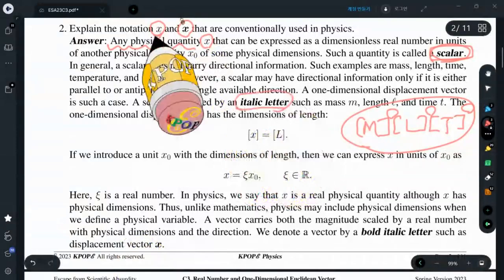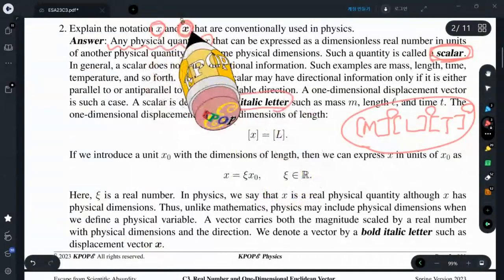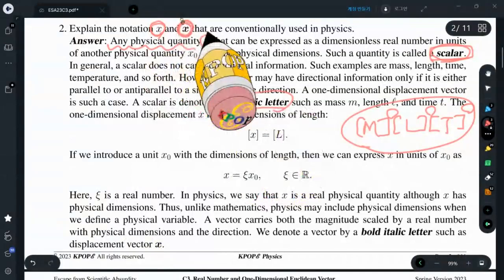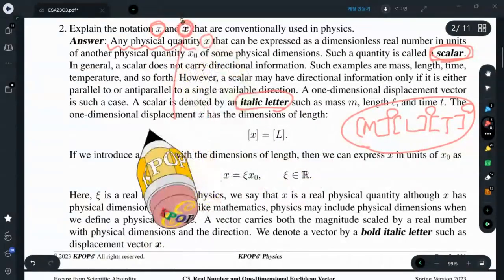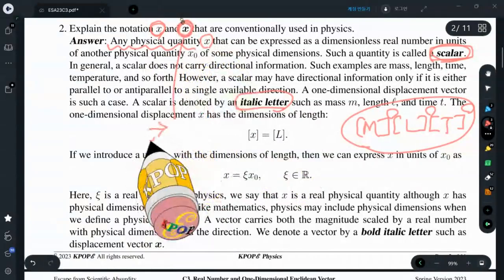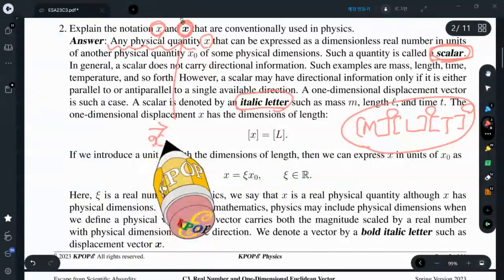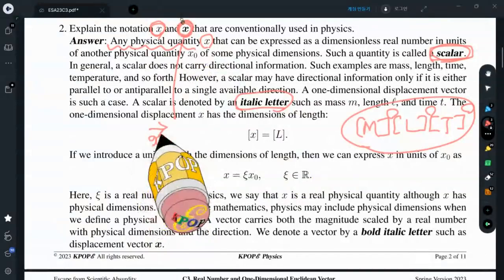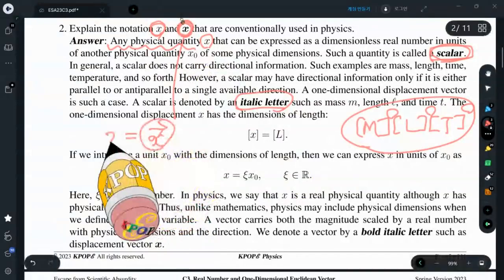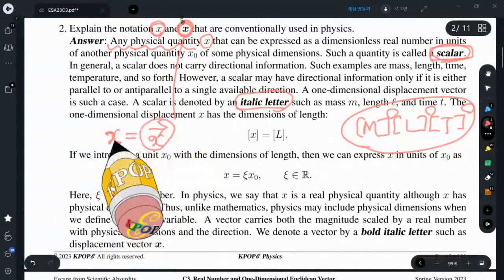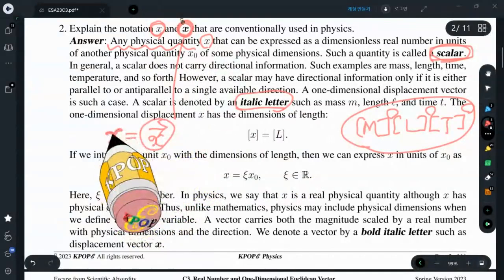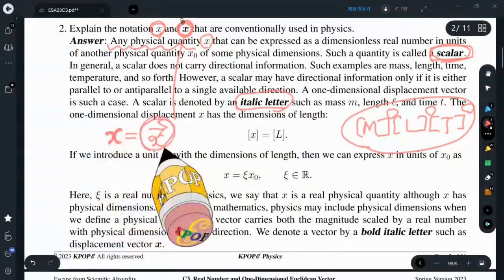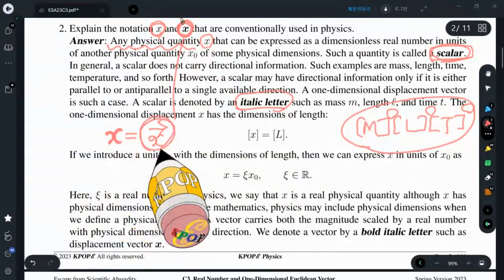This is simply italic, and this is italic and bold. Sometimes I can attach an arrow on top of an italic letter. This is equivalent to a bold-faced x. So sometimes we can write in this manner.